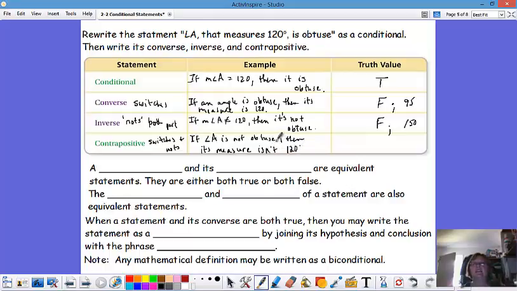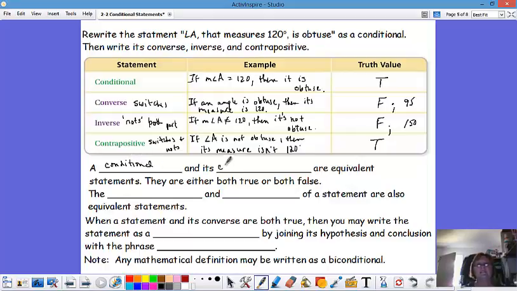Right? If it's not obtuse, that means it's either less than 90 or more than 180. That certainly can't be 120, folks. That's a true statement.